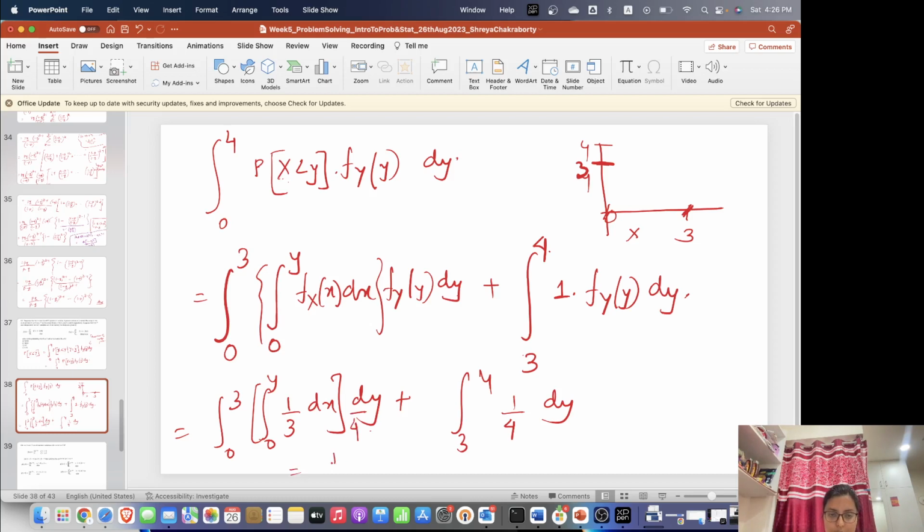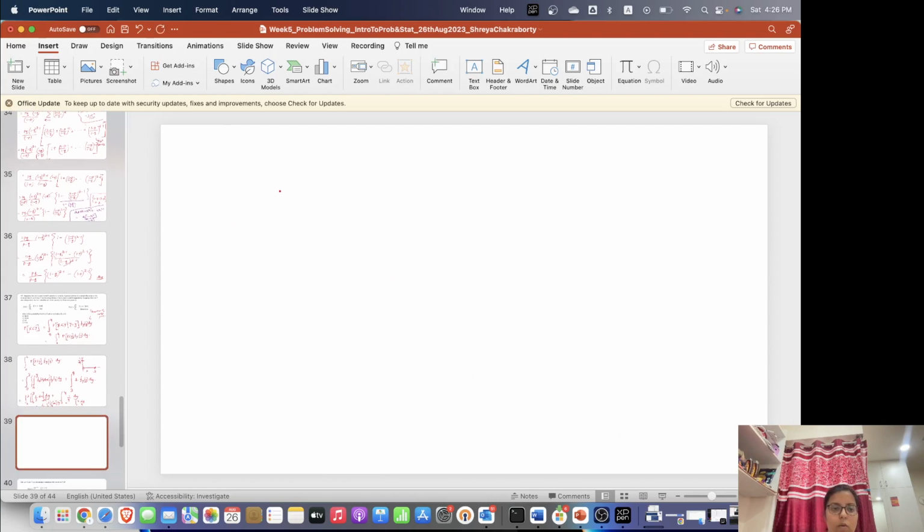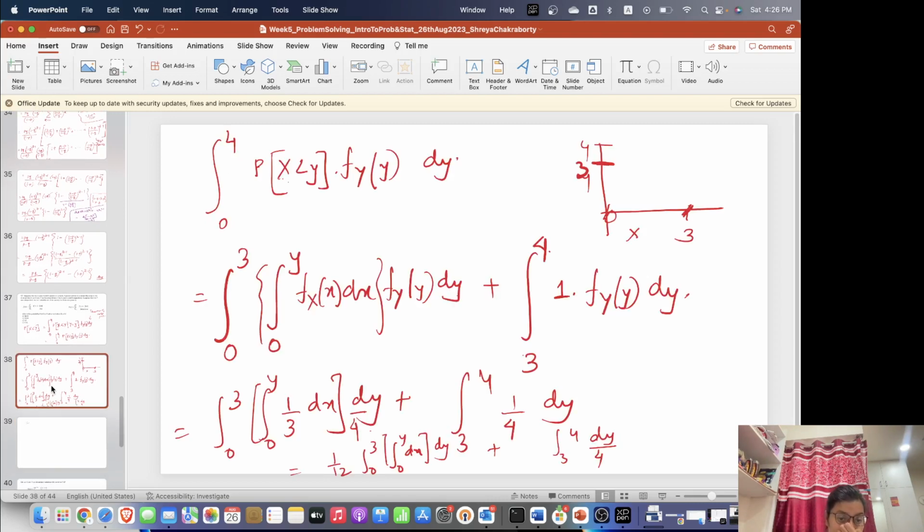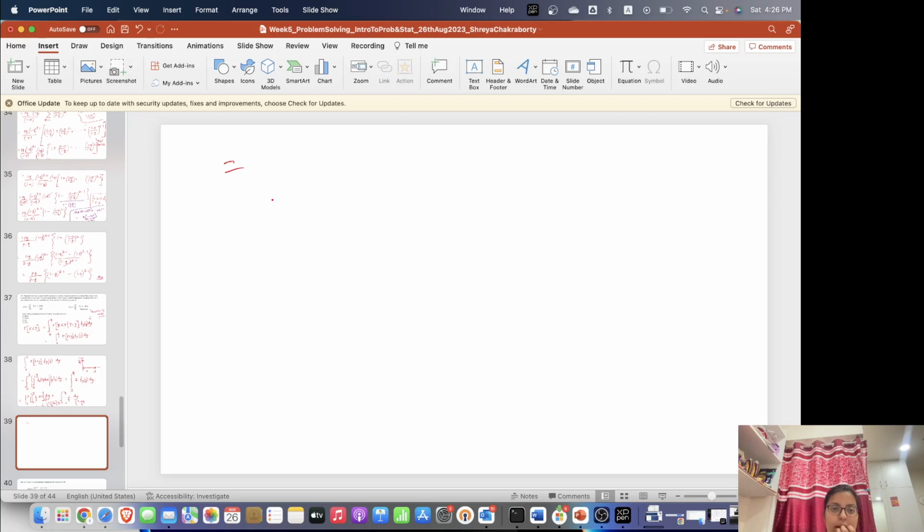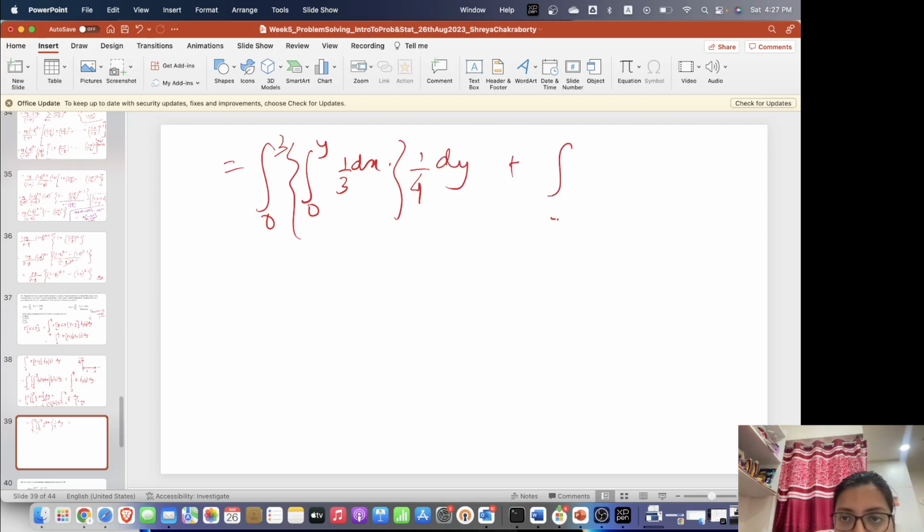So here we would have the integral from 0 to 3 of the integral from 0 to y of 1/3 dx, 1/4 dy, plus 3 to 4, 1/4 dy.